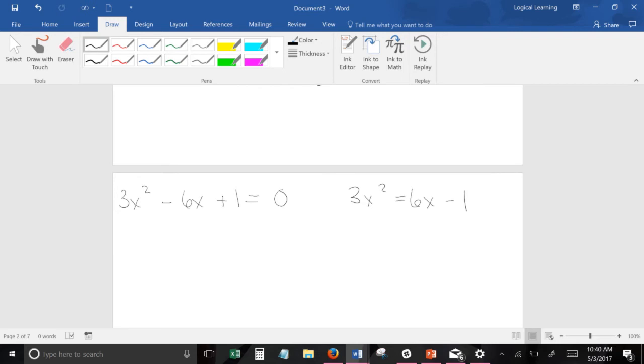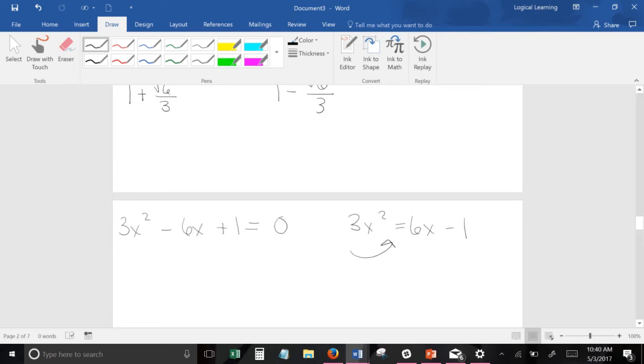You can use either one to check, and if you're concerned that maybe you did your algebra wrong, it might be better to use the original equation to make sure that your algebra is correct. And we got solutions of 1 plus root 6 over 3 and 1 minus root 6 over 3.